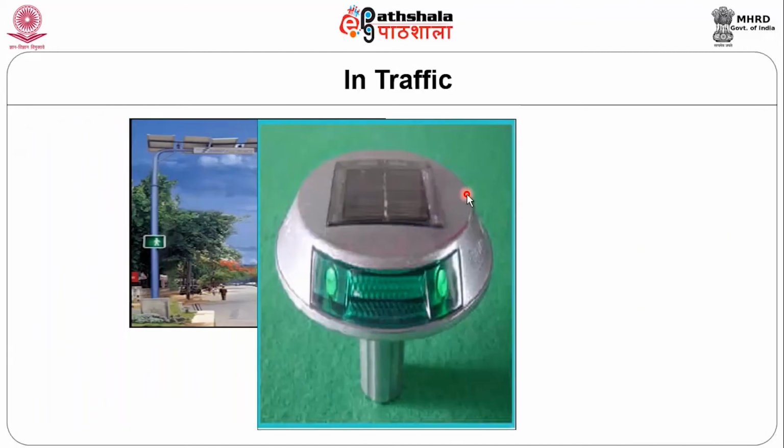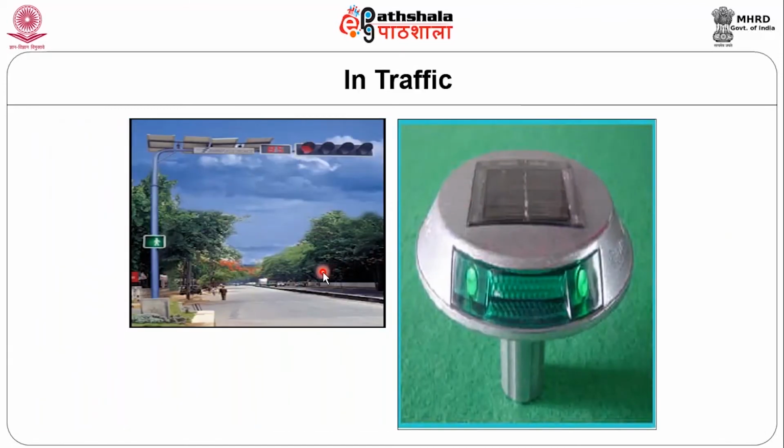And for traffic lighting, we need not take power from the grid. Here we can have a solar PV panel that generates electricity, and of course a battery, so it does not consume much electricity. So traffic signals can be operated with the solar PV system.